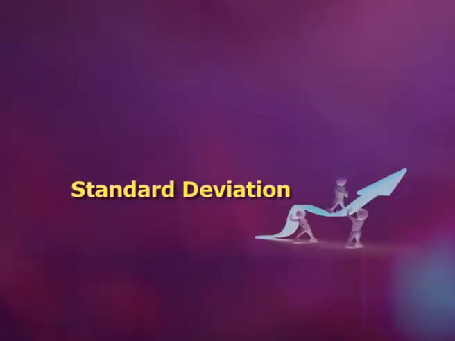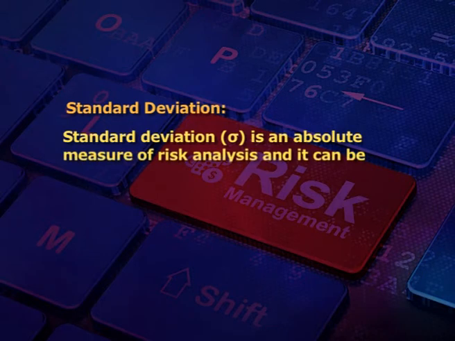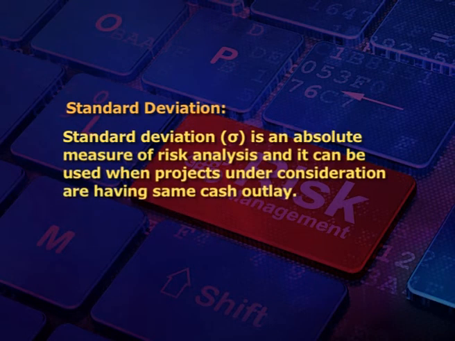Now, let us understand standard deviation. Standard deviation is an absolute measure of risk analysis, and it can be used when projects under consideration are having same cash outlay. Statistically, standard deviation is the square root of variance, and variance measures the deviation about expected cash flow of each of the possible cash flows.